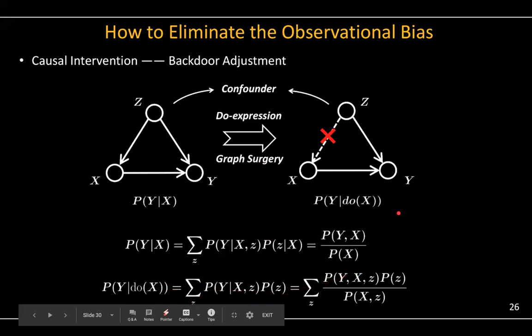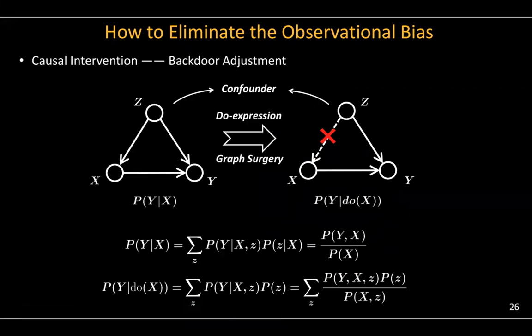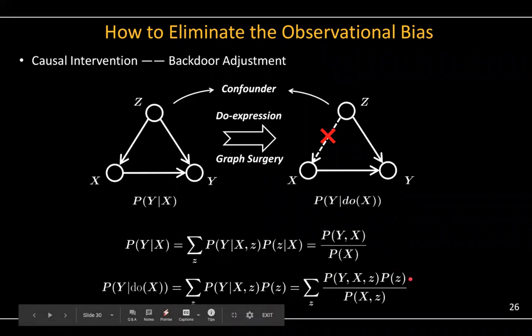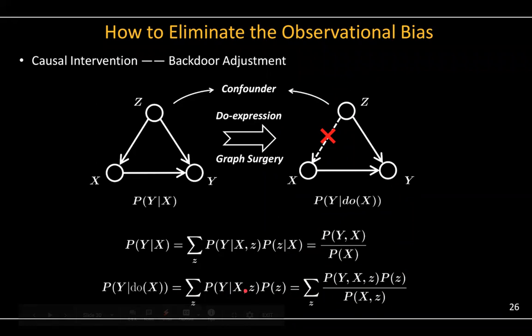So with the do calculus, the final probability will become somehow like this. And now this do calculus is like doing a weighted combination based on the weight of z, or the probability or frequency of z.